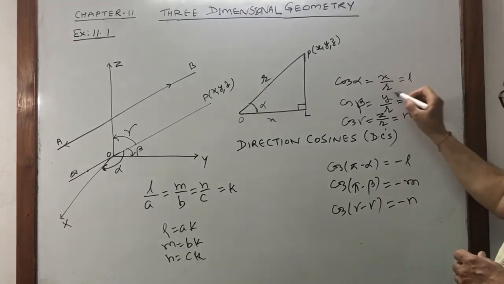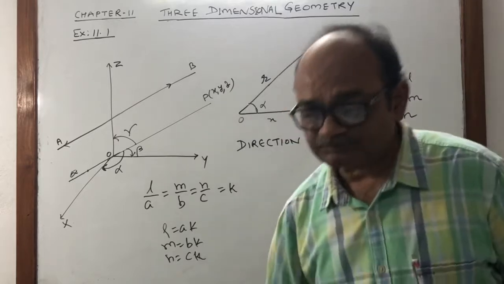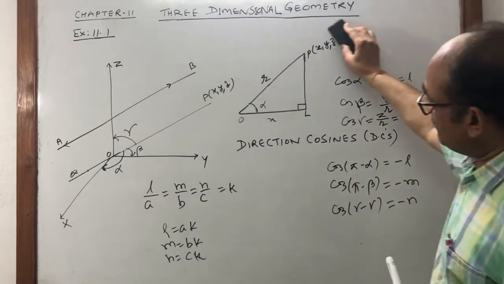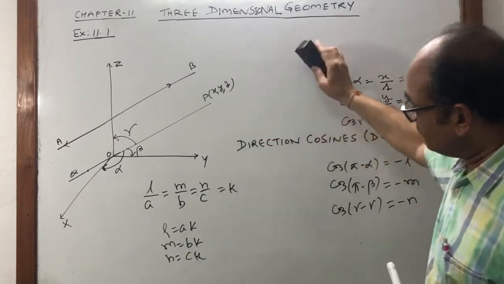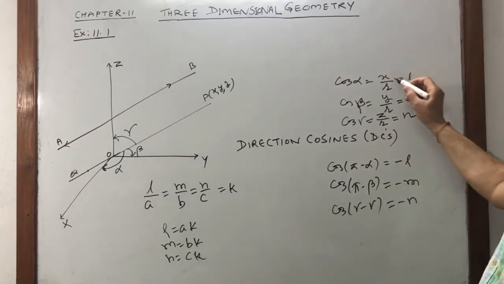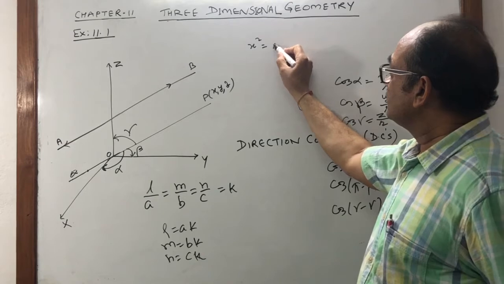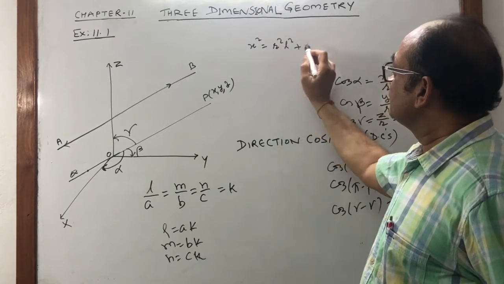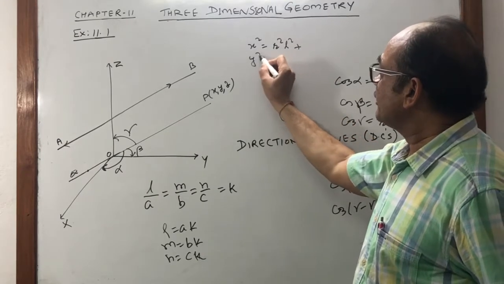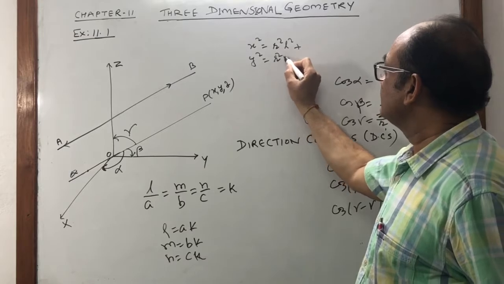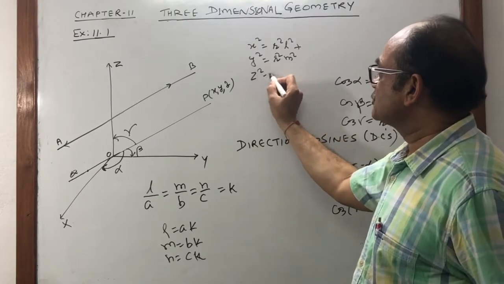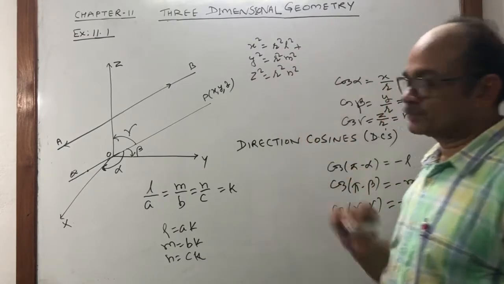If we calculate the value, say x square plus y square plus z square, what we are getting? X square means R square L square, plus y square is R square M square, and Z square is R square N square.